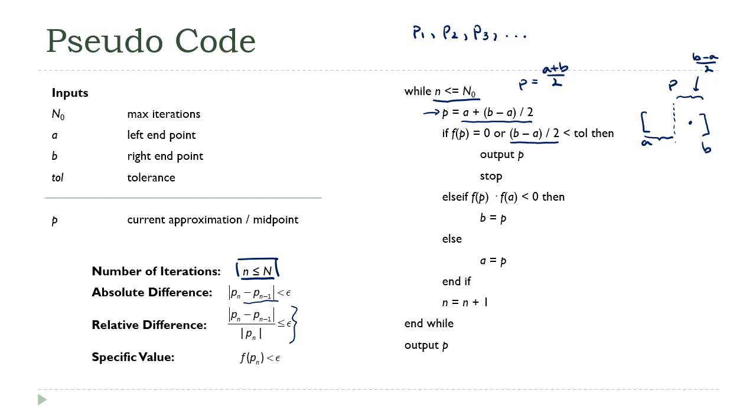This B minus A, worst case scenario, becomes 0 when it shouldn't be. A plus 0 is A, and you kind of get stuck on that endpoint until you finally hit this ending condition. At which point you've gotten down to a fairly small interval anyway, so A should still be a reasonably good approximation.